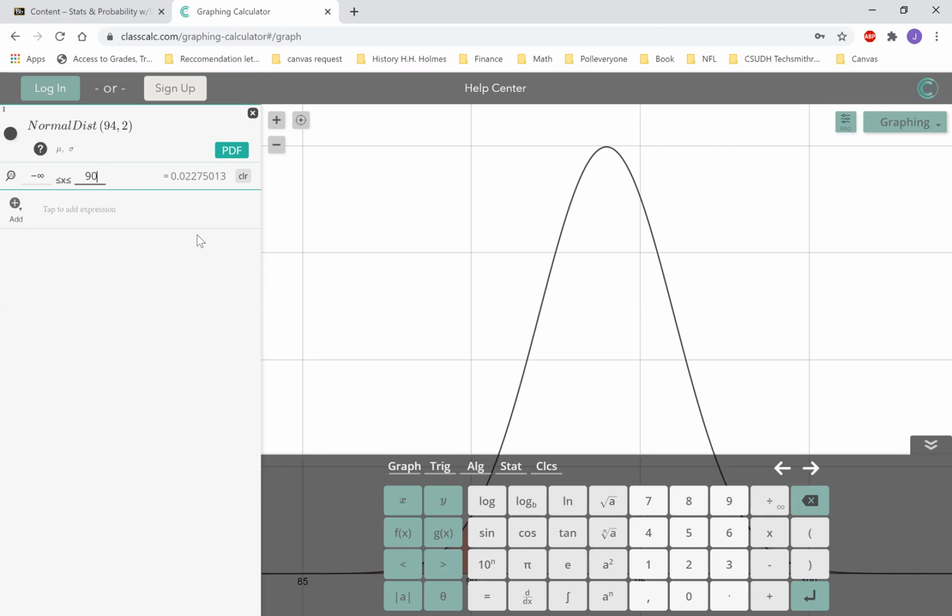That's it. So it's very unlikely for Kershaw to throw a fastball that's below 90 miles per hour. Essentially, that might be considered his changeup or something. All right, that's it for part B. Any questions for part B?